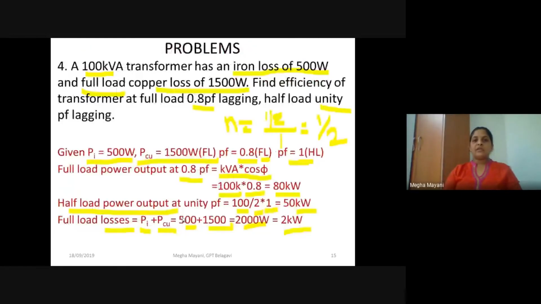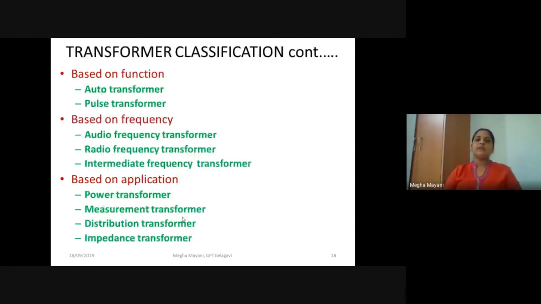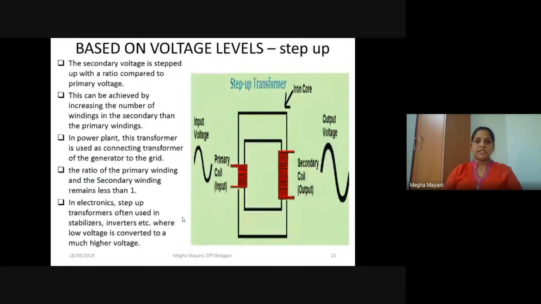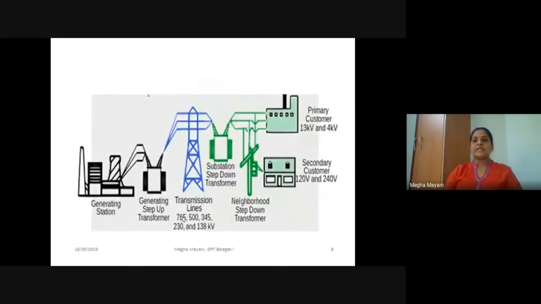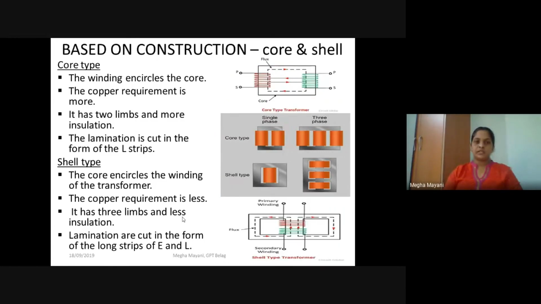We have gone through the wide classification of the transformers. In that we have discussed today, based on the voltage levels at the primary and secondary, we have step down transformer, we have step up transformer, and what is an isolation transformer. The second category of classification is based on construction, core type of transformers and shell type of transformers.